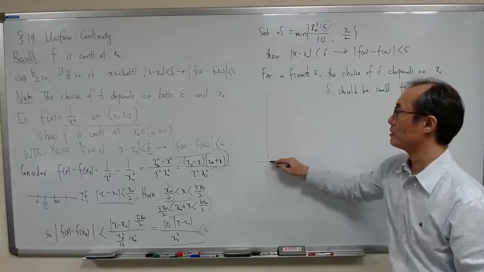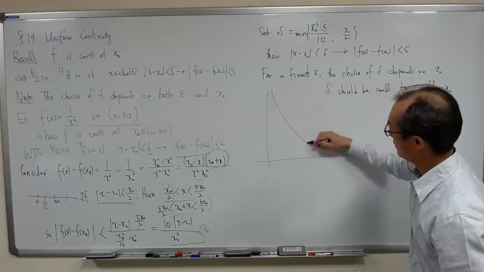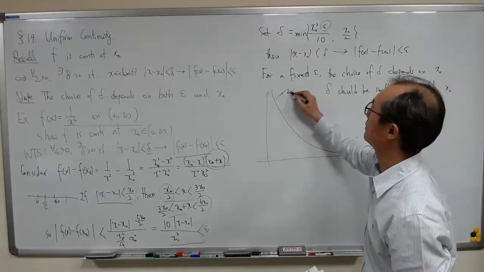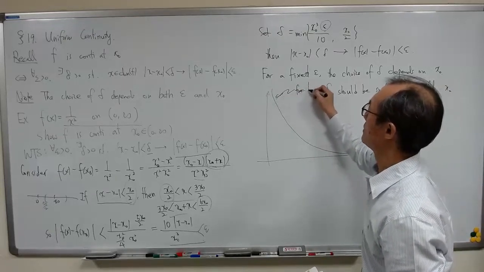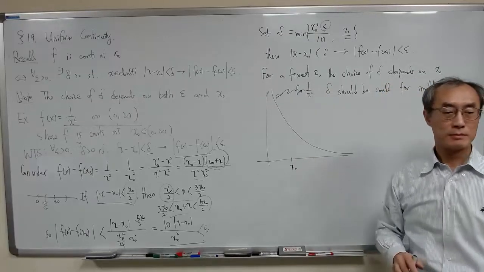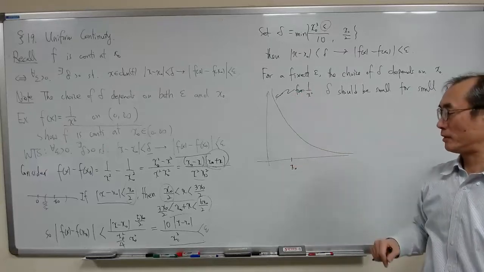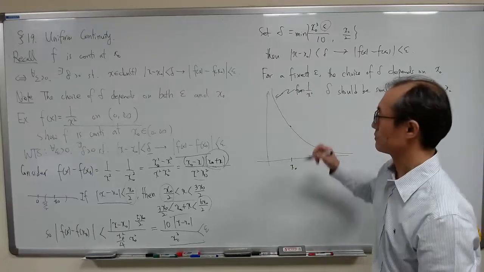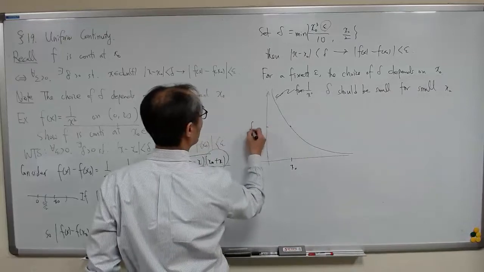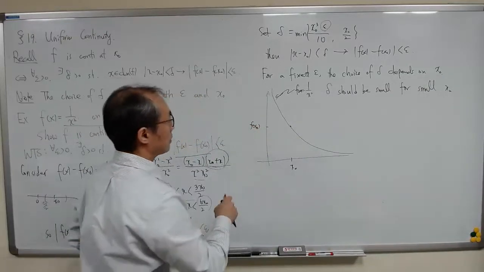Actually, the situation gets clear by looking at the graph of this function. This is the graph of f of x, which is 1 over x squared. For any x naught, this function is continuous. For any positive x, here we have f of x naught.